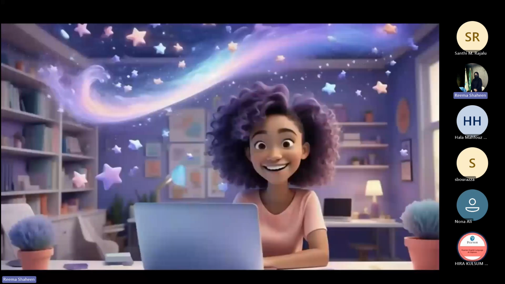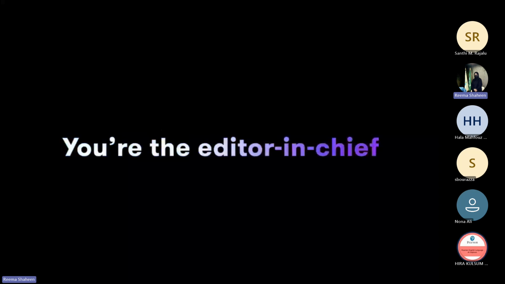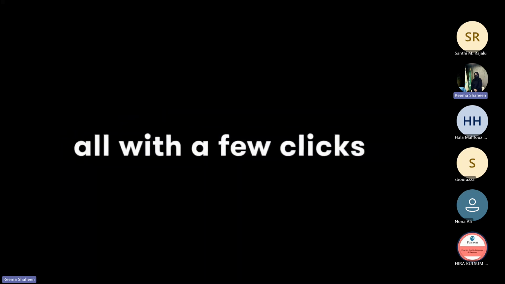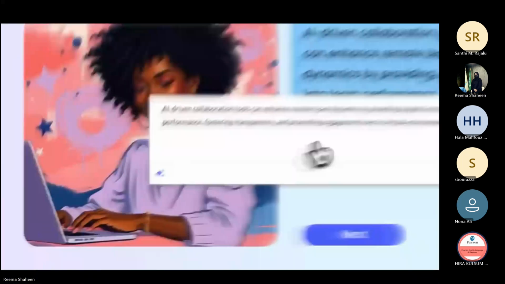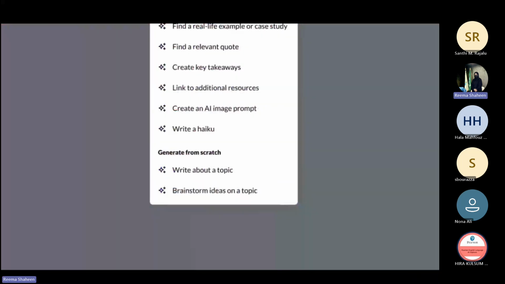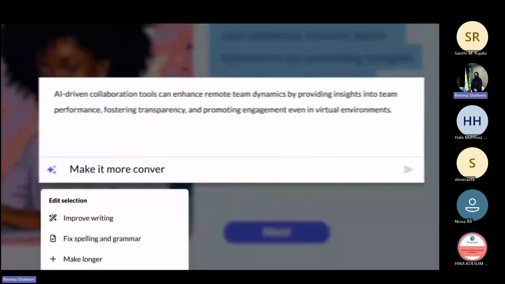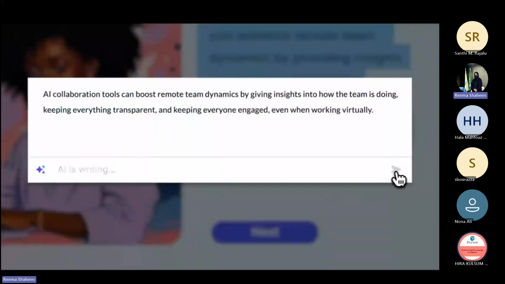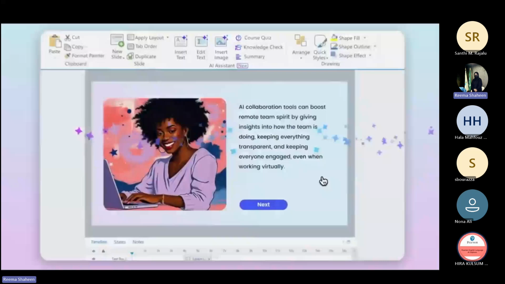In real time, on the same point, you can change different things, also the grammar and readability, with just a few clicks. There are a lot of options for formatting, writing, spelling, and grammar, which can help you quickly improve your content.